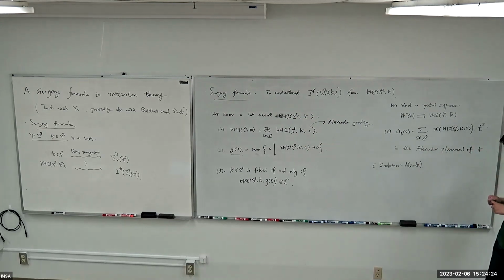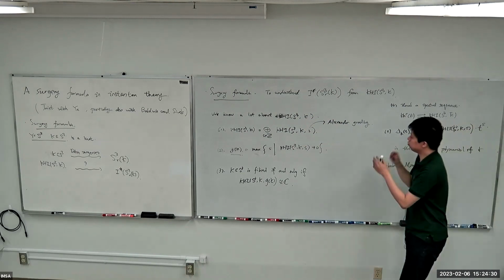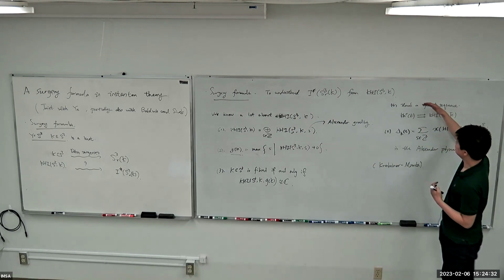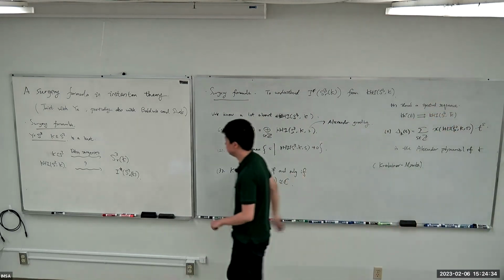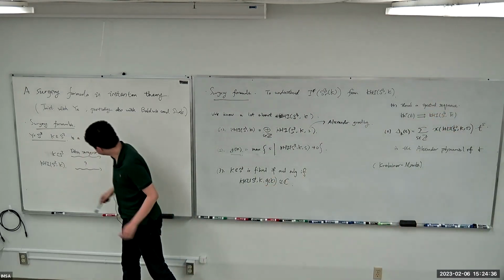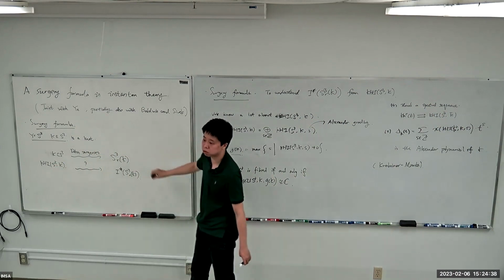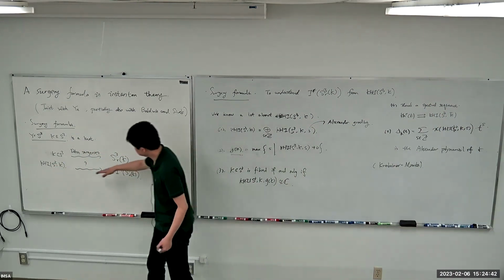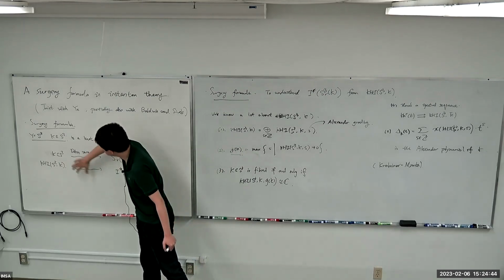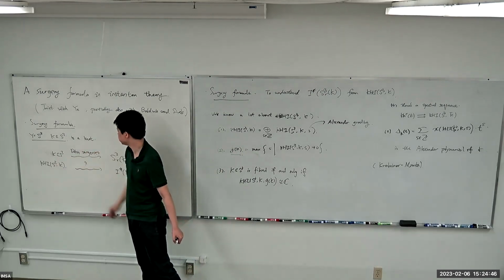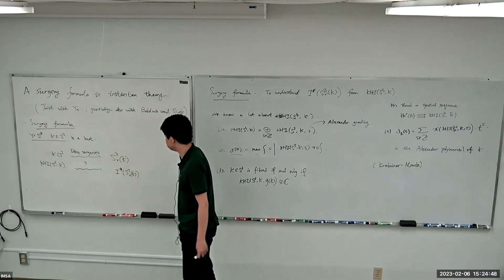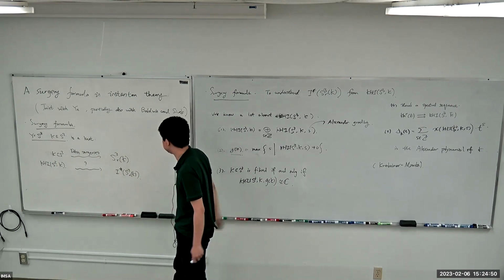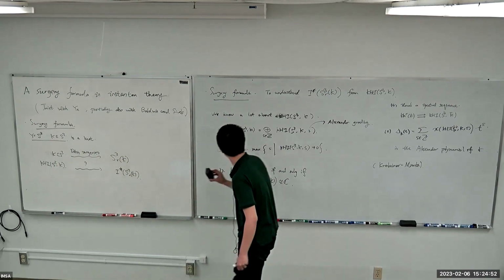That gives us the Alexander polynomial of K. So all of these are pieces of information that we can get from the Instanton Floer homology of knots. But we don't know too much about the Instanton Floer homology of the surgery manifold. So that's why we want some relation between these two objects. On one hand, we have more knowledge to study, and on the other hand, we know less. So that's the surgery formula.